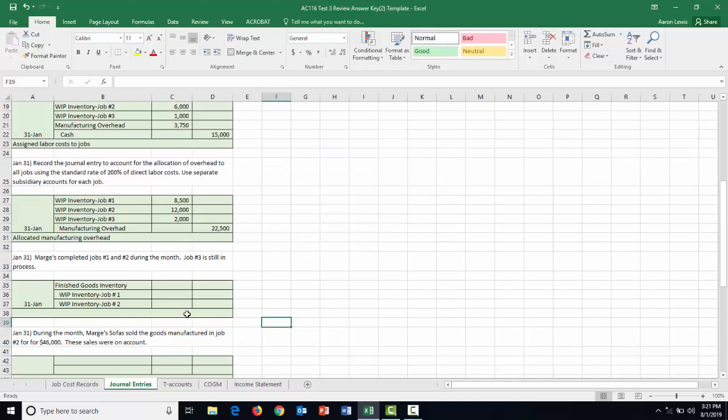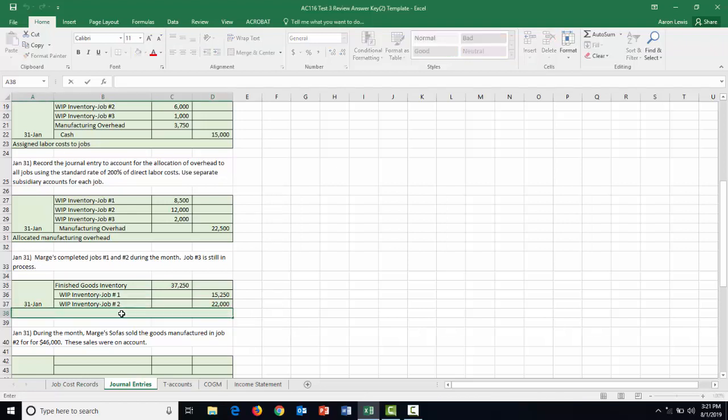So in our journal entry, we're going to fill in those respective numbers: $15,250 for job 1, $22,000 for job number 2. Let's fix the comma formatting real fast. There we go. Which means the amount getting debited to finished goods inventory is the sum of those two numbers, which comes out to $37,250.